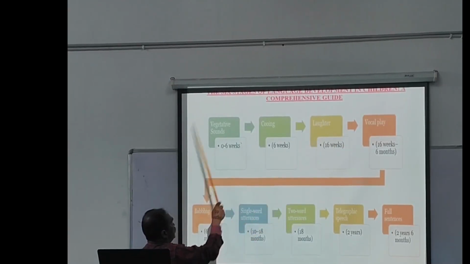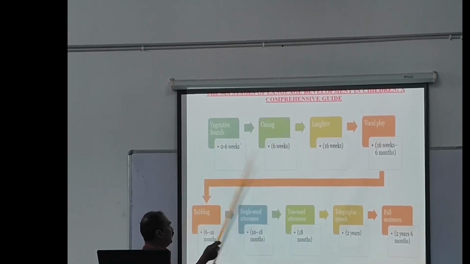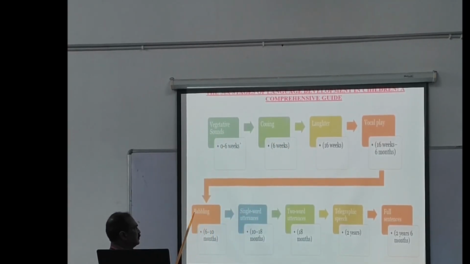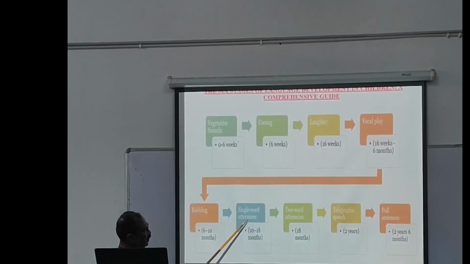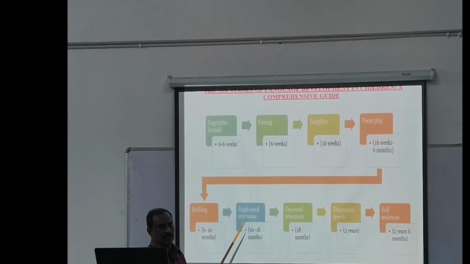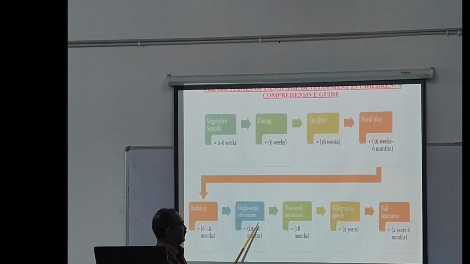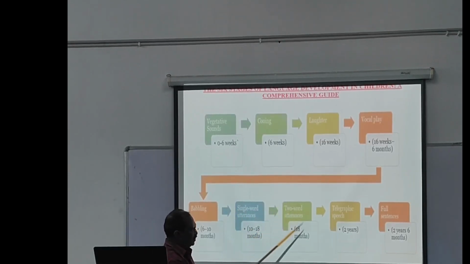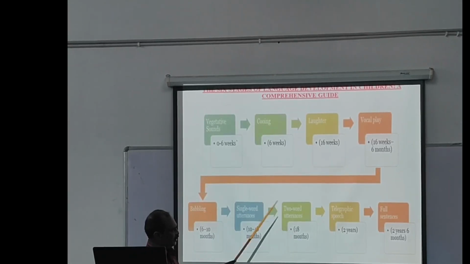And this all comes under the pre-linguistic stage. After that, 6 to 10 months is the babbling stage, and 10 to 18 months is single word utterances, like mama, tata, dada, single words. Two words at the age of 18 months, above 18 months they use two words.